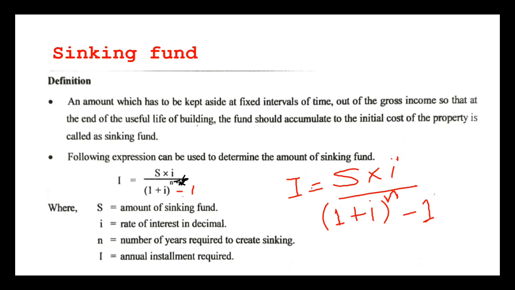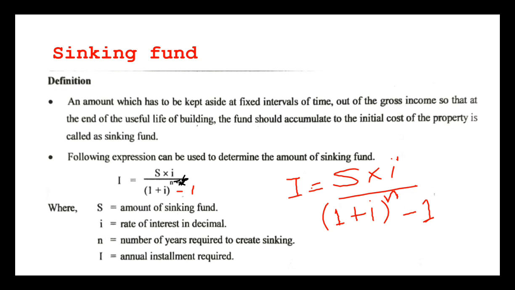Okay, so the amount has to be kept aside at fixed intervals of time. After the completion of the life of the property, we accumulate some fund or amount to reconstruct the property or to replace that asset. So the sinking fund is calculated by the following formula: I is equal to S into i, upon (1 plus i) raised to n minus 1.